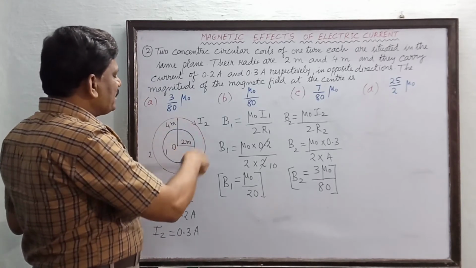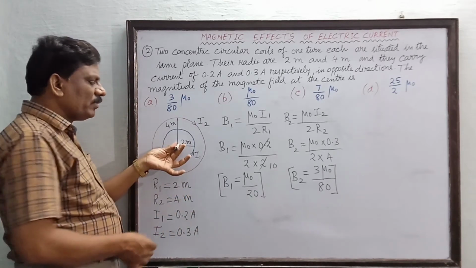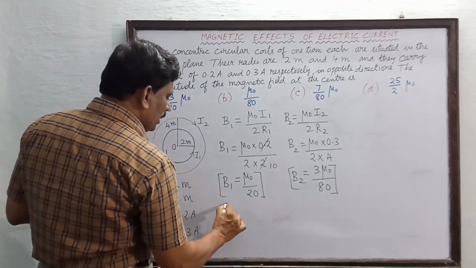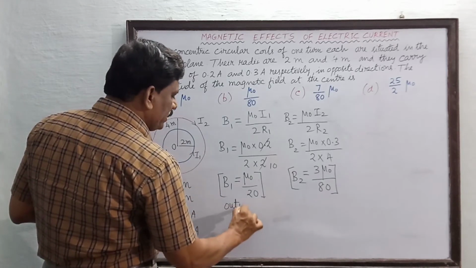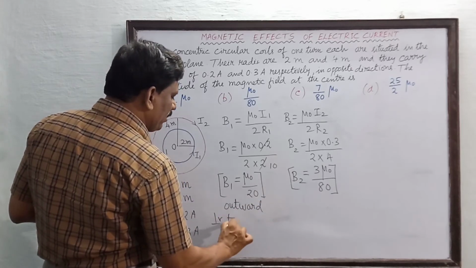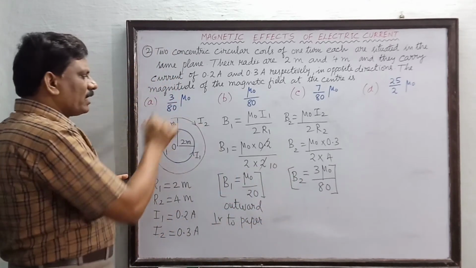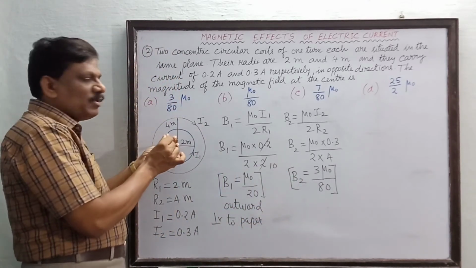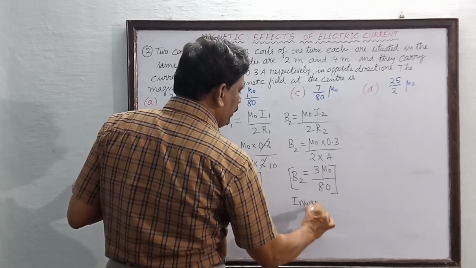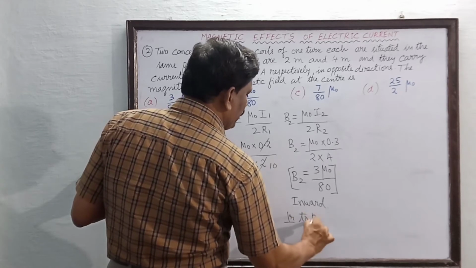Therefore, the magnetic field due to I1 should be outwards, perpendicular to the plane of paper. Similarly, here the clockwise current means the field is into the board. So field B2 is inward, and that is perpendicular to the plane of the paper.